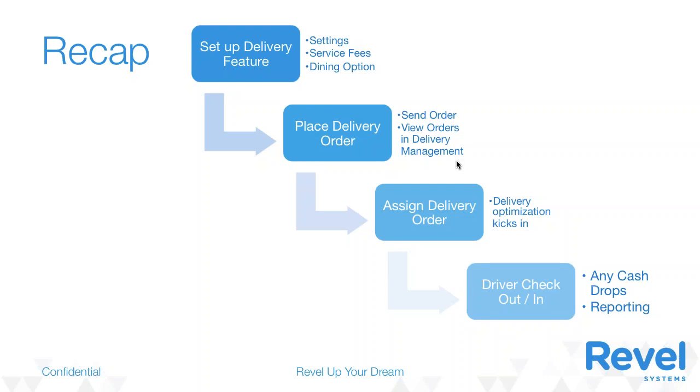The other thing that should be coming into play when you place the order is your delivery area. So did you set it up by postcode or did you set it up by GeoJSON for a more specified area? And then lastly, you have your driver check out and check in. Once they have all the orders assigned, they check out, they go out the door, they come back with any cash, and they check back in. And that's the basic flow through our delivery management add-on feature.